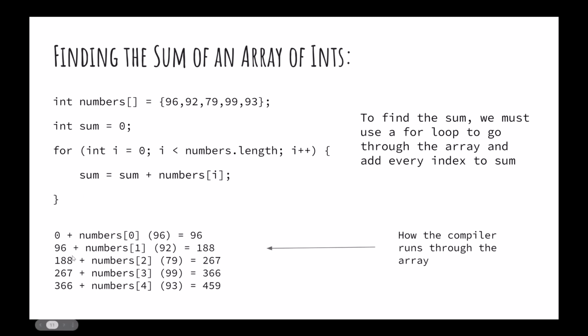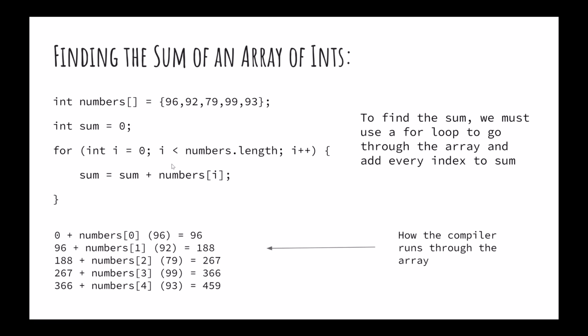Then i will increment, right? So now i will equal 1. So now we're going to get the value of sum, 96, plus the index of 1 in the array numbers, 92, right? So 92 plus 96 will equal 188.